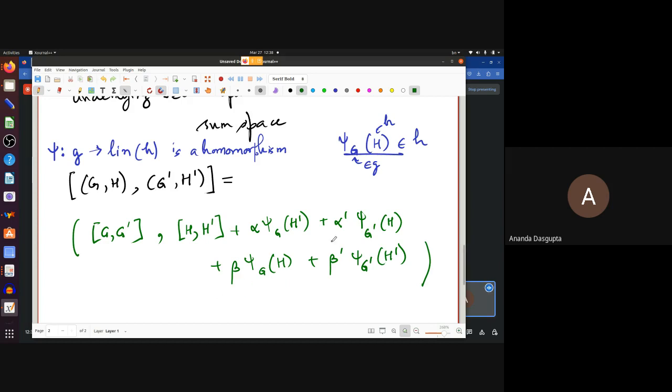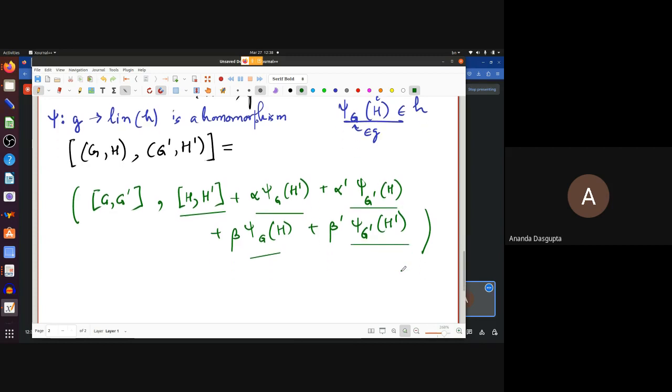So this is the most general possible thing that I could do. Keep the Lie bracket as it is in the direct sum, and add to it contributions like each of the g elements acting via the psi on the corresponding h elements. Clear so far?